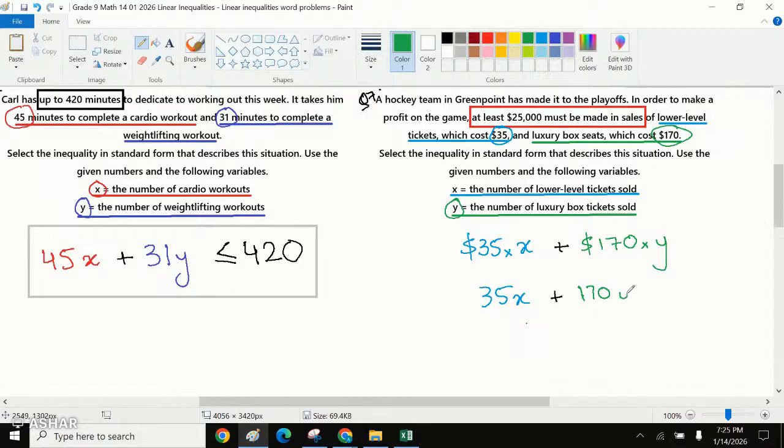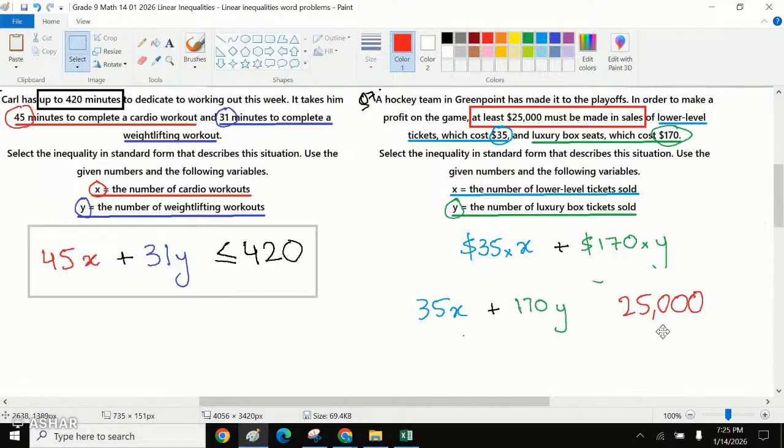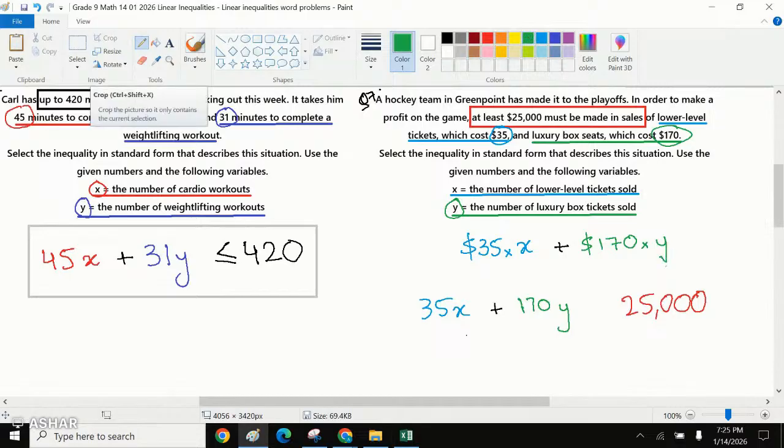The cost of a luxury box, right? The most important part is at least 25,000. When they say the term at least, that means it could be 25,000, so we would have an equal sign also, because if the exact sale of 25,000 is done, that is also acceptable, since they are saying it should be at least 25,000.